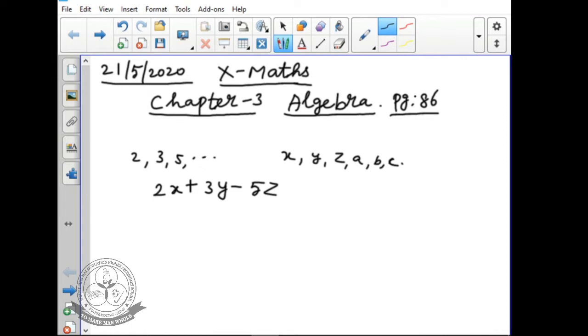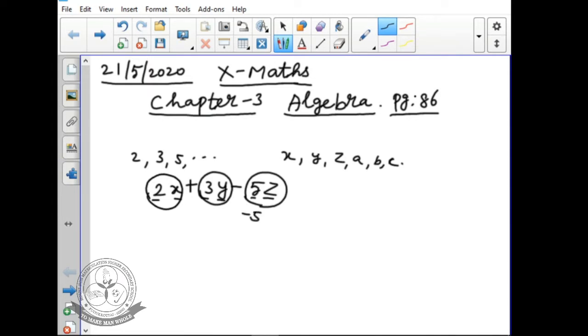Here x, y, z are called variables. 2, 3, minus 5 are called coefficients. First, take 2x. 2x means 2 is the coefficient of x. 3y means 3 is the coefficient of y. Minus 5z means the coefficient of z is minus 5.